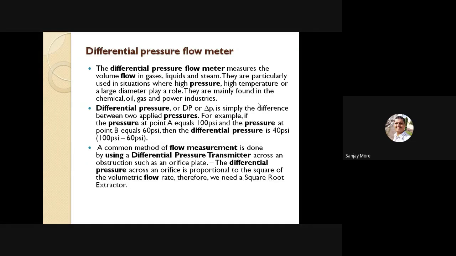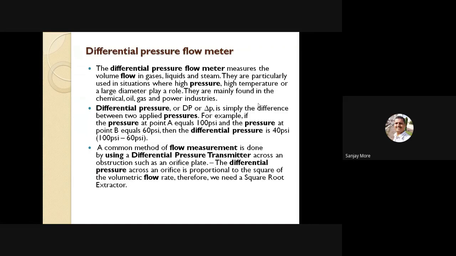The difference between the positive displacement flow meter and differential pressure flow meter is that in a positive displacement flow meter, the flow rate of fluid or liquid is constant, and in a differential pressure flow meter, the flow rate of any fluid or gas, meaning liquid or gas, varies. This is the main difference between the two.